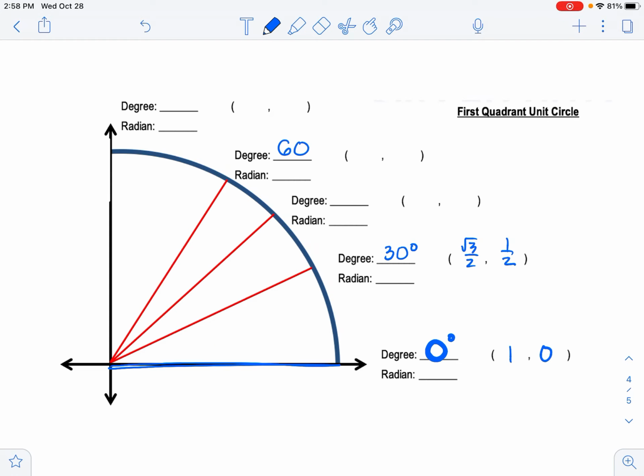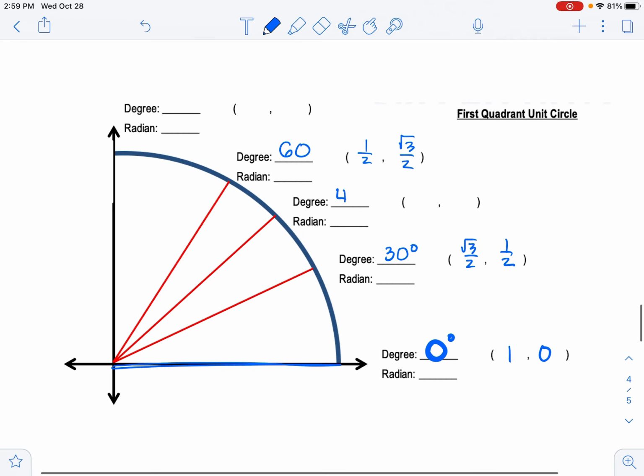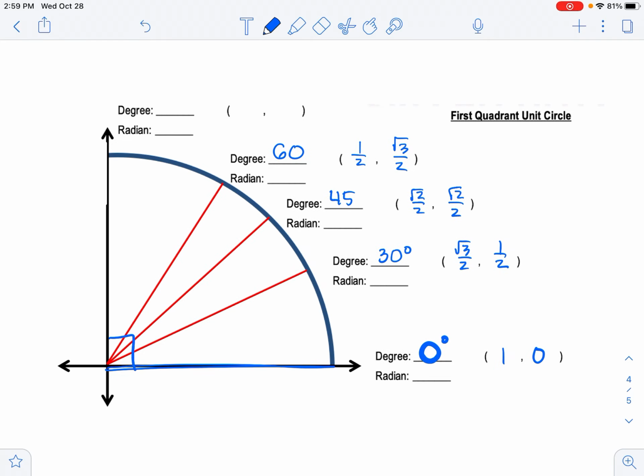This is my 60-degree angle right here. And the reason why is because 60 degrees is just the reverse of that. It's 1/2, root 3 over 2. Now let's go back to this angle right here. This is my 45-degree angle. And that was over root 2 over 2, up root 2 over 2. And then finally right here, this is a right angle. That's 90 degrees. And then this is over 0, up 1.